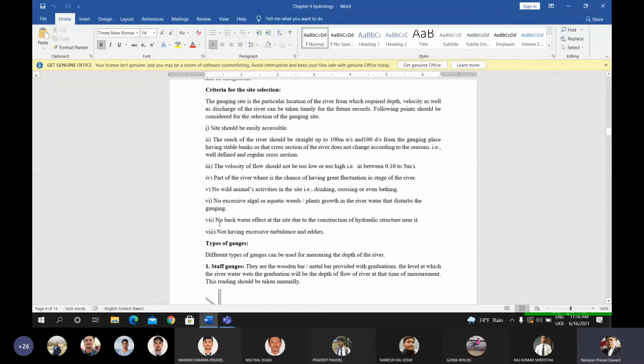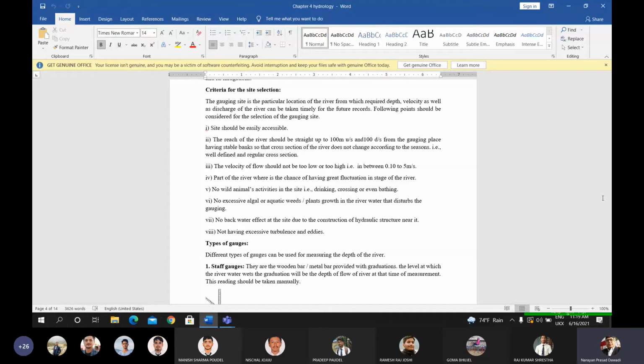Now, no backwater effect at the site due to the construction of a hydraulic structure near it. If a hydraulic structure is constructed near the gauging site, then due to the obstruction of the flow by the hydraulic structure such as a dam or weir or barrage, the water will be headed up at the gauging station. That effect is called the backwater effect.